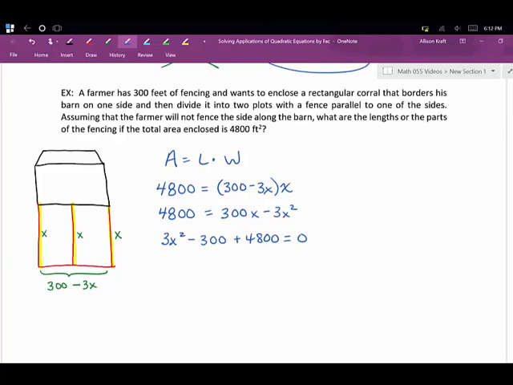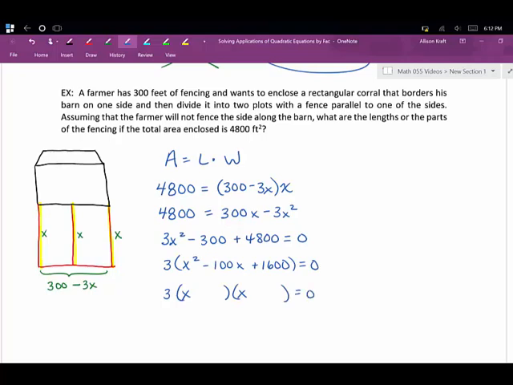I recognize that I have a greatest common factor of 3. Factoring that out, I'm left with x squared minus 100x plus 1,600. We're left with a trinomial with a leading coefficient of 1. Therefore, I can go right to my parentheses with x's in first position.